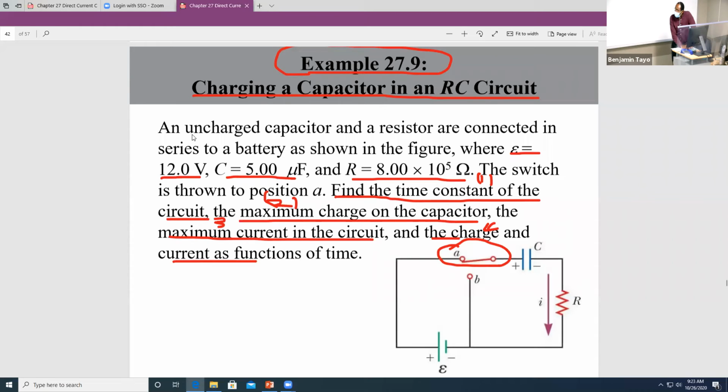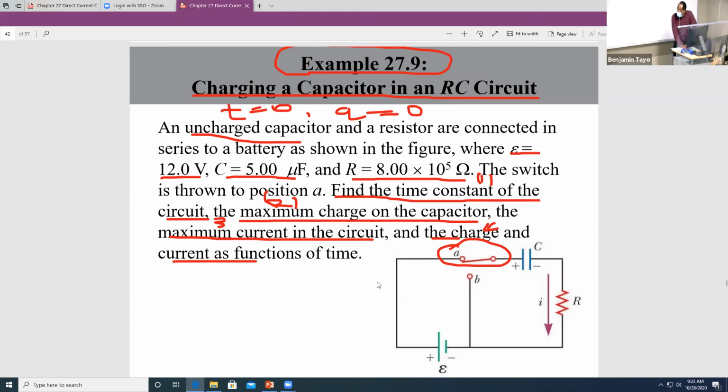Remember that it says that this is an uncharged capacitor. It means that at the beginning, at t equals 0, there is no charge on the capacitor. At t equals 0, Q is just equal to 0.